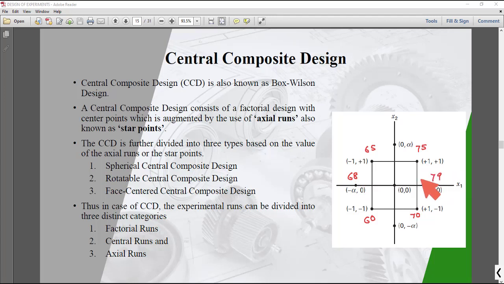So here also 68. Where else is 68? Between 60 and 70, somewhere over here you have 68. Between 65 and 75, somewhere over here you have 68. So how will the curve look? The curve will look like this, right?